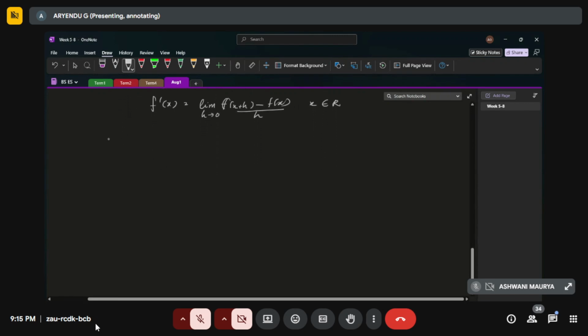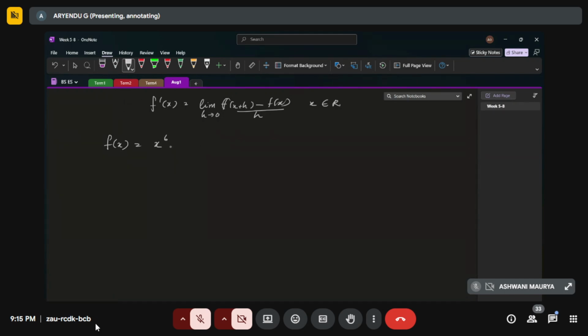For certain functions, for example, f of x is equal to x raised to 6 minus 4x cube, if you take the derivative, you get 6 into x raised to 5 minus 12x square. And you can take the double derivative, and that will give you 30x raised to 4 minus 24x.